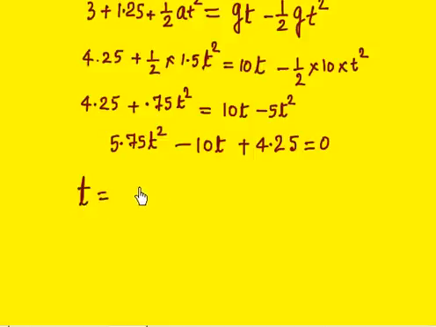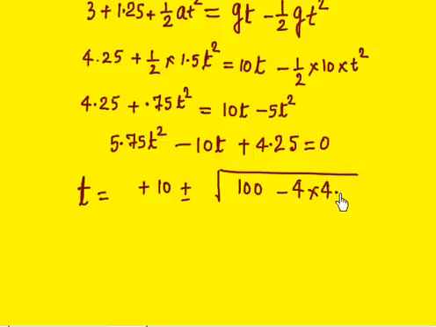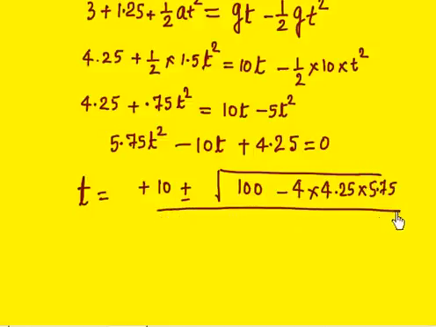So t is equal to minus b, that is plus 10, plus minus the square root of b square, that is 100, minus 4ac, that is 4 into 4.25 into 5.75, and this divided by 2a, so 2 into 5.75. So let us solve this one.